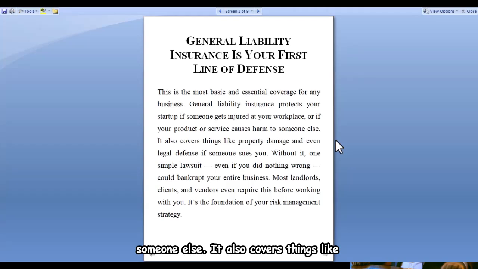It also covers things like property damage and even legal defense if someone sues you. Without it, one simple lawsuit, even if you did nothing wrong, could bankrupt your entire business. Most landlords, clients, and vendors even require this before working with you. It's the foundation of your risk management strategy. So now let's go to the next one.